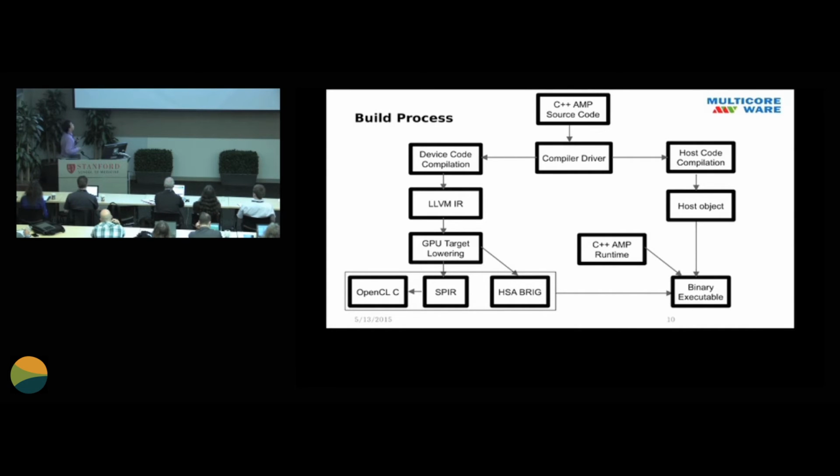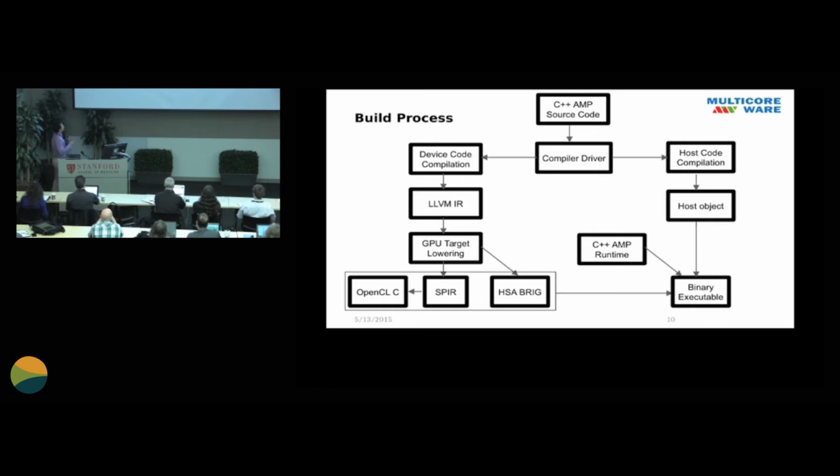In this figure, I show the build process of our compiler. When you supply C++ source code into the Kalmar compiler, first the compiler driver will be triggered, and unlike a normal C++ compiler where you just start compilation on the CPU, the driver will actually invoke two different compilation paths.